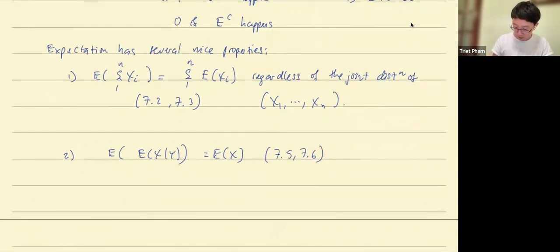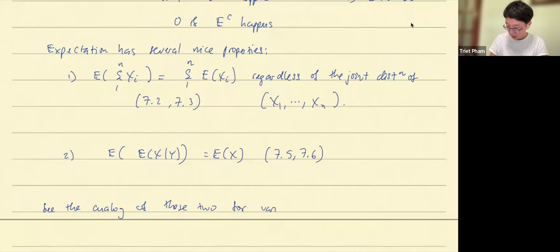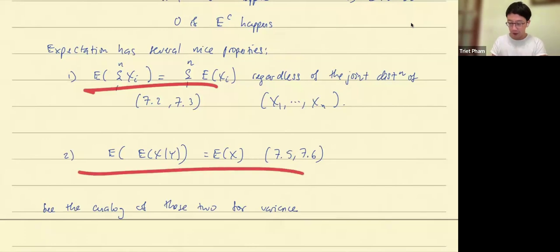Let's just say that variance itself is also very important because in statistics, you care for expectation and variance. We want to also see the equivalence or the analog of these two for variance. Okay. Because you want to apply the same rule for variance.